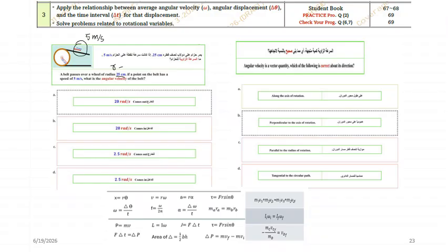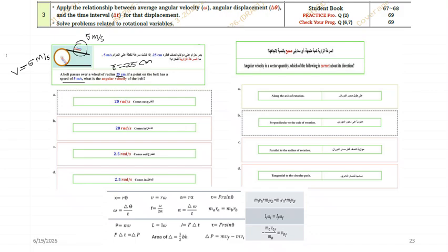So radius they have given 25 centimeter. And if a point on the belt speeds at 5 meter per second, meter per second is always V. So V is given as 5 meter per second.